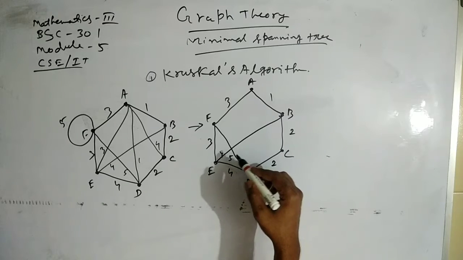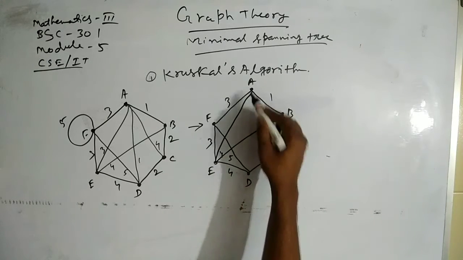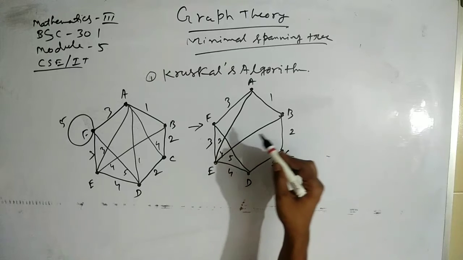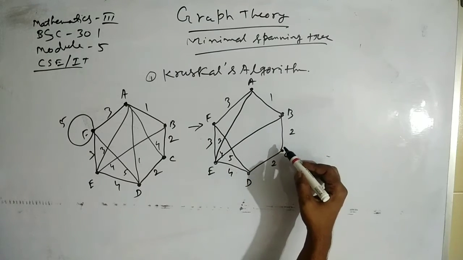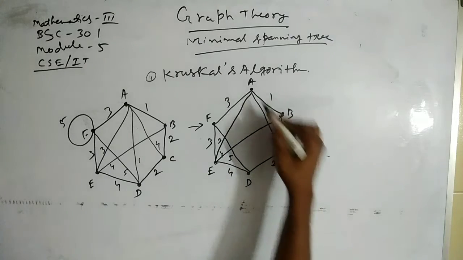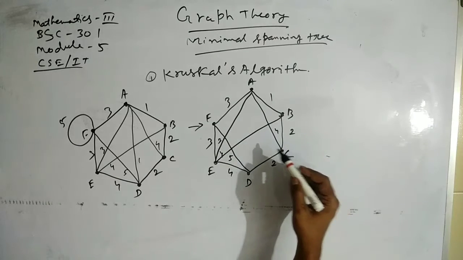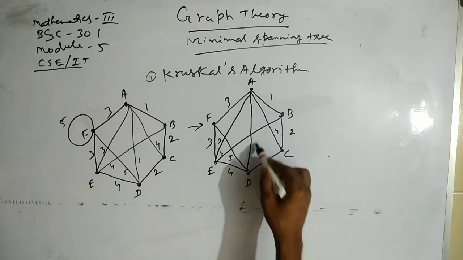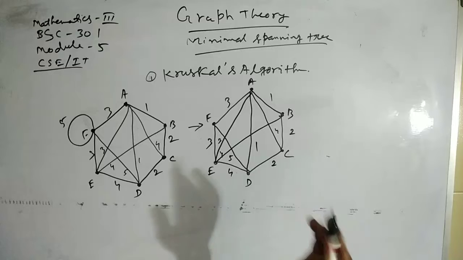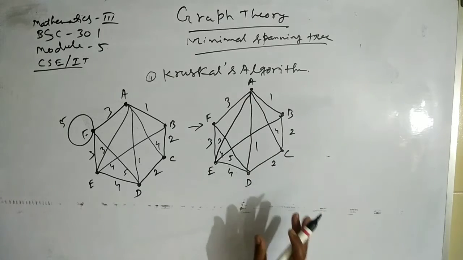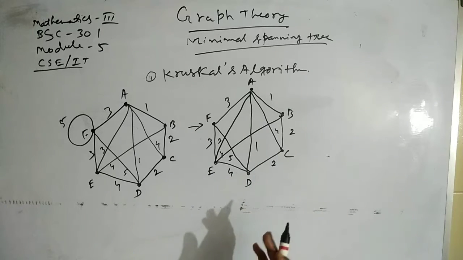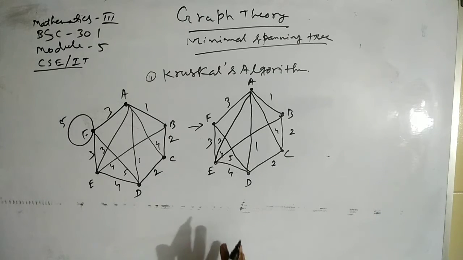This is 4, EA, this is 3, and CA, this is 4, AD is 1. Okay, so now this is the graph after eliminating the self loop. Next, we will have to arrange the edges in increasing order according to their weight.